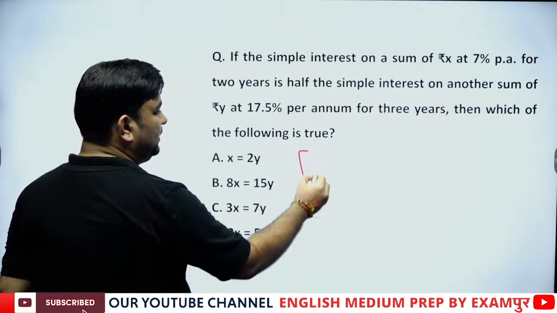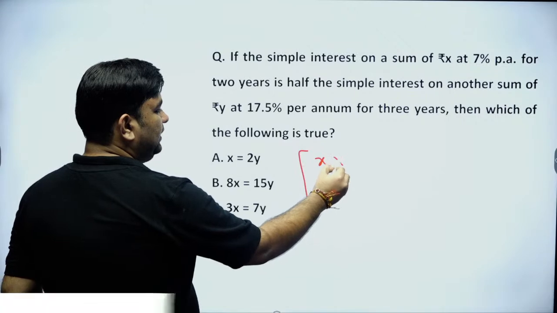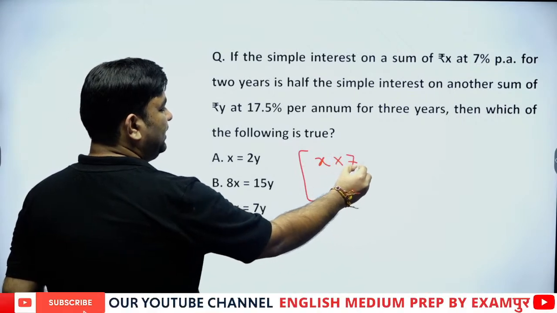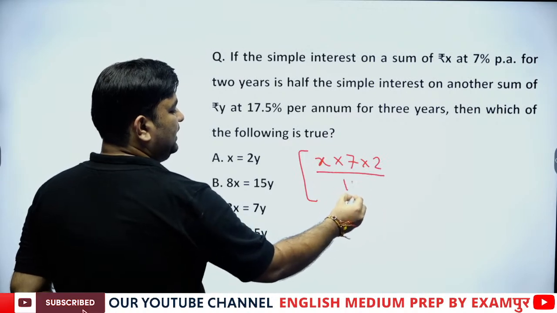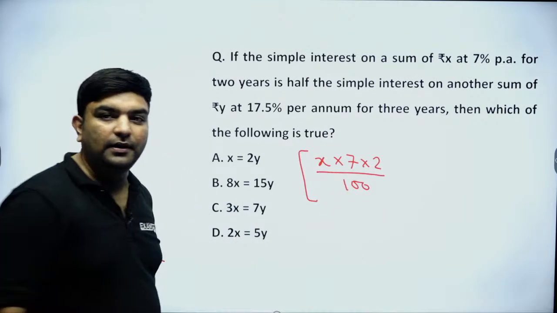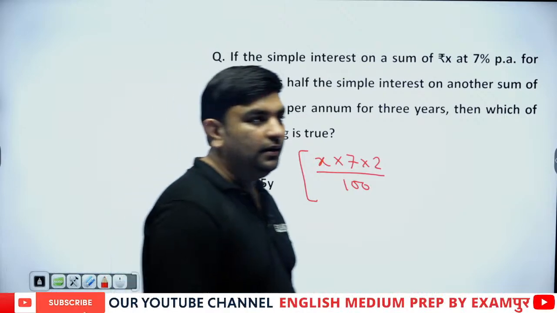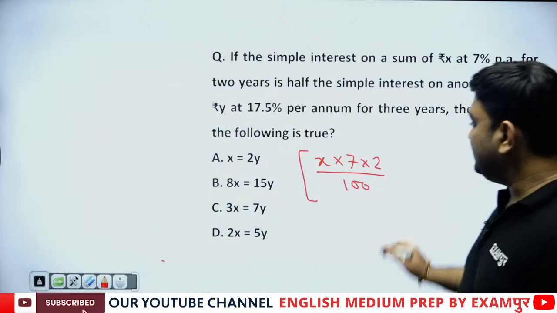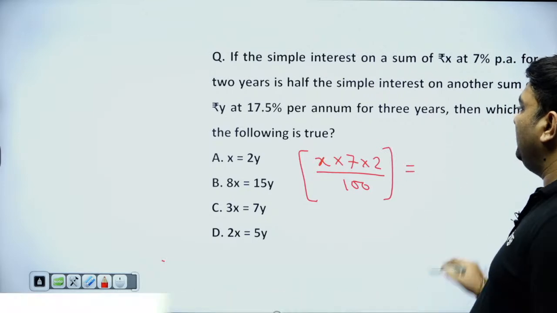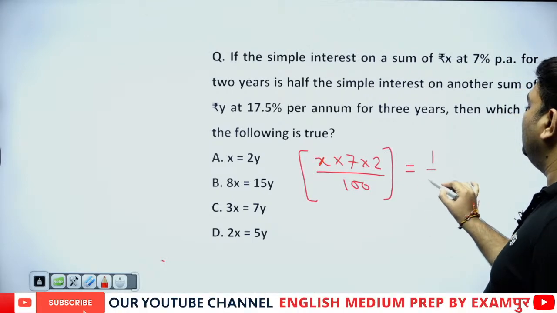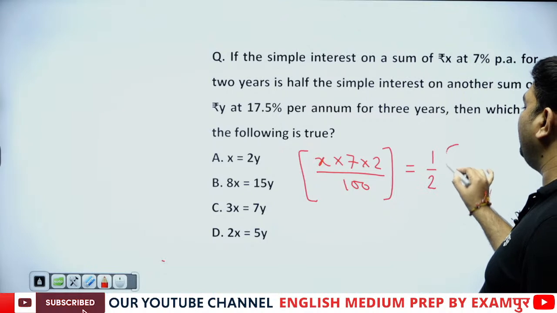Simple interest on the principal of X at the rate of 7% per annum for 2 years, divide by 100. SI is equal to principal into rate into time, divide by 100. So this is the first SI. It is half of the second SI.